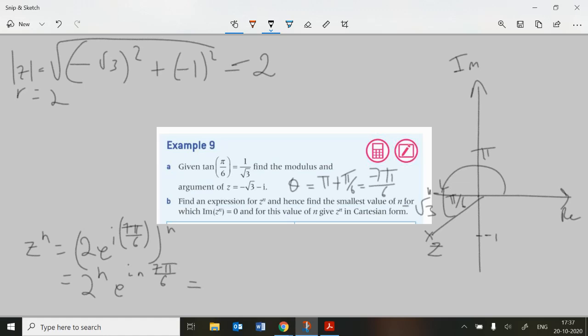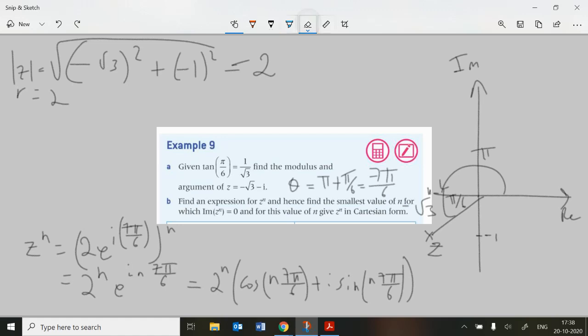So this is going to be 2 to the n, and I've got cis theta here, so that's cos of n 7 pi over 6 plus i sine of n 7 pi over 6, close brackets. Now we want to know when is the imaginary part of this equal to 0.